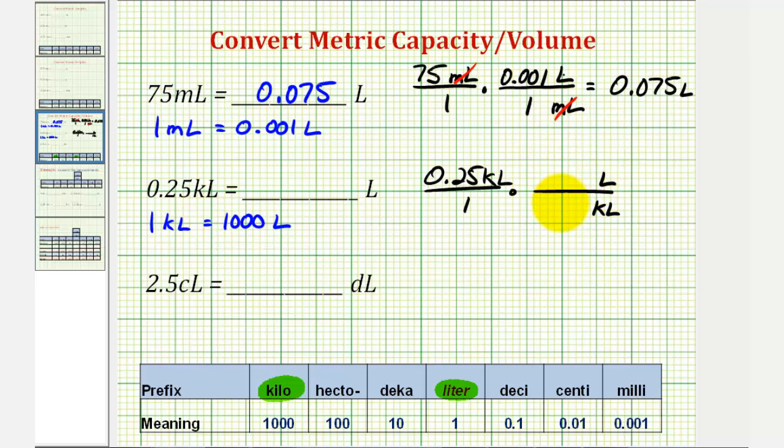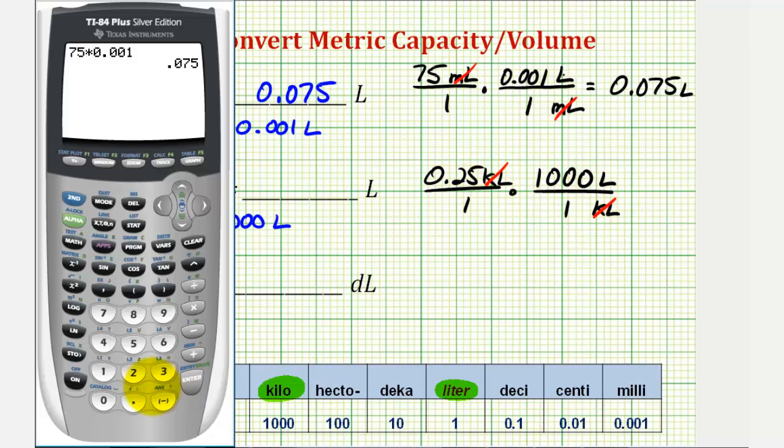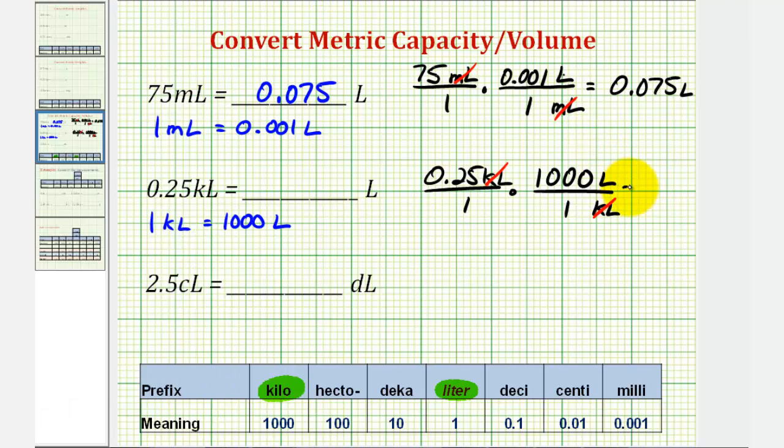And again, the conversion is 1 kiloliter equals 1,000 liters. Notice that kiloliters simplifies out, leaving us with liters. So we have 0.25 times 1,000. Notice how we could just move the decimal point to the right 3 times to get 250. So we have 250 liters.